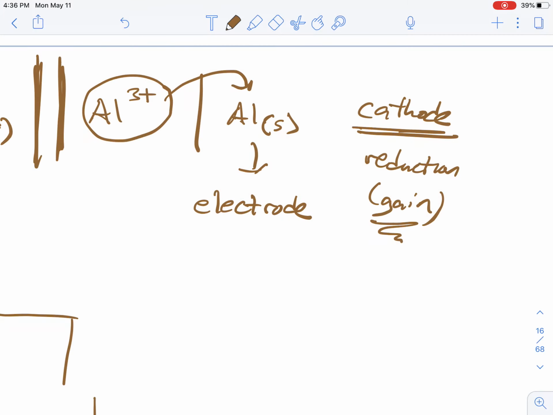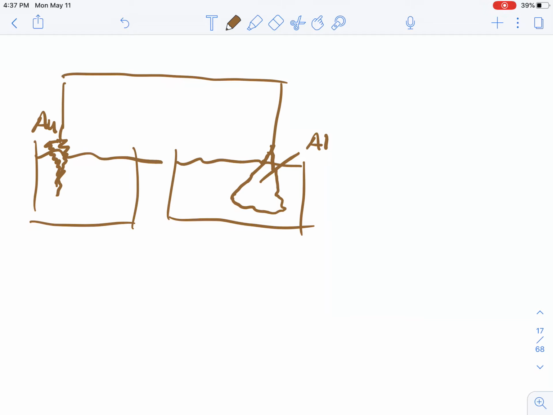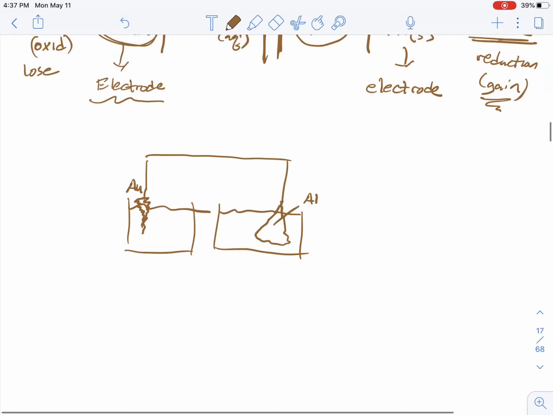And so over time, you are going to see a gain of substance, a gain of aluminum, as the reaction proceeds.